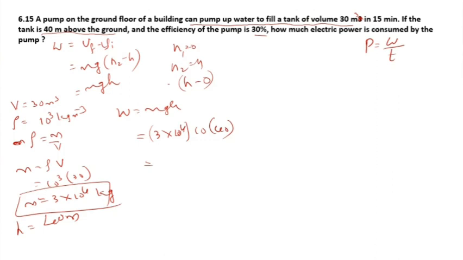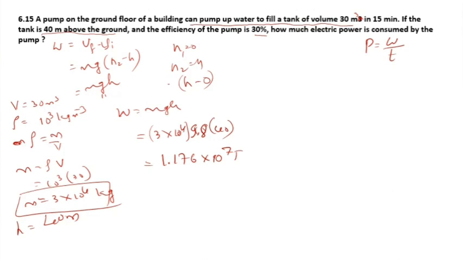It is better to take the g value as 9.8, which is acceleration due to gravity. So 3 into 10 to the power 4 into 9.8 into 40, and if you simplify, you will get the answer 1.176 into 10 to the power 7 joule. This is the amount of work done in lifting the water.